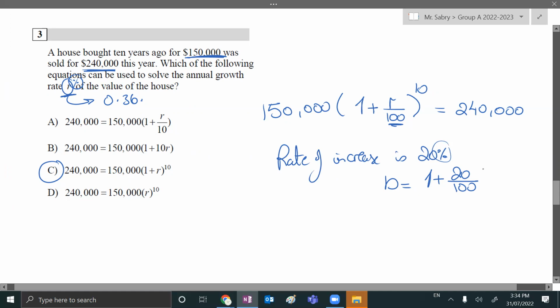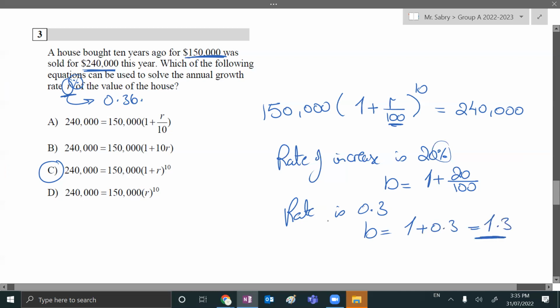So in order to remove the percentage sign, I have to divide by 100. Yet, if I was given the rate as a decimal, يعني I was given this as 0.3, let's say, without the percentage sign, then the B will become just 1 plus 0.3, which is 1.3.